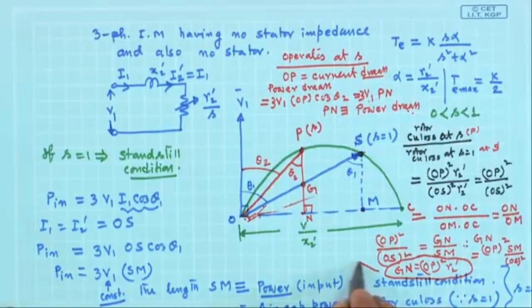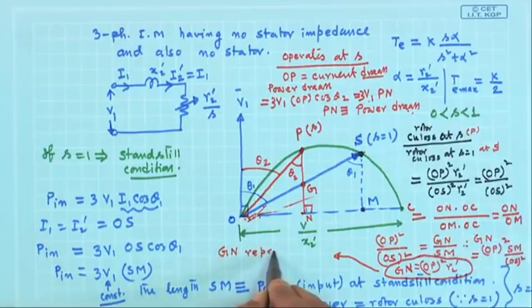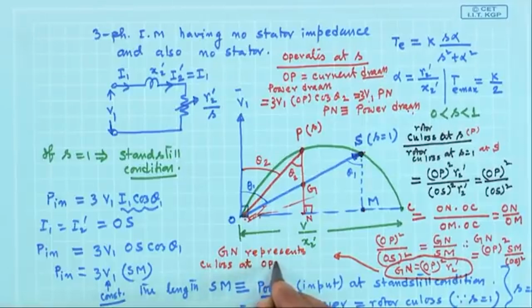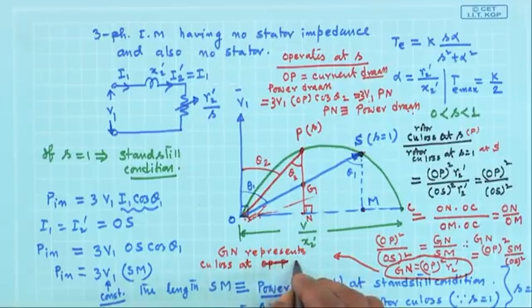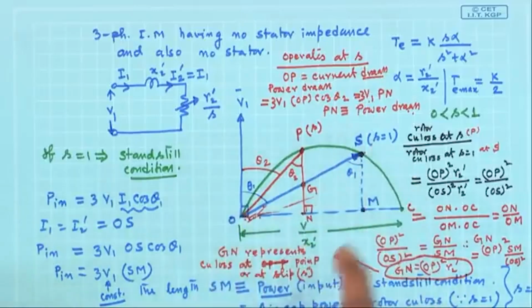So from this we conclude GN represents copper loss at operating point P, or at slip S. So, the interesting point is I have drawn this circle diagram.